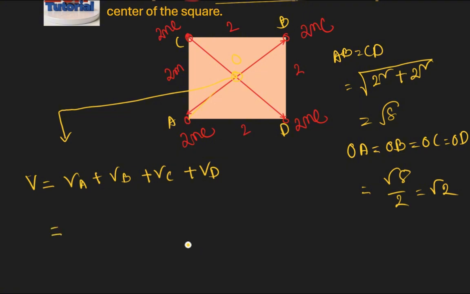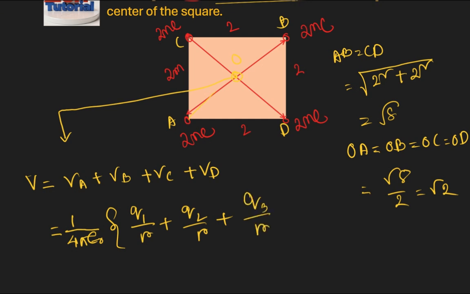So we know the formula for VA, and from the formula we know that 1 by 4 pi epsilon naught. This term will be common for each of the potential. So VA is equal to Q1 over R plus Q2 over R plus Q3 over R, I mean the distance, and Q4 over R, right?